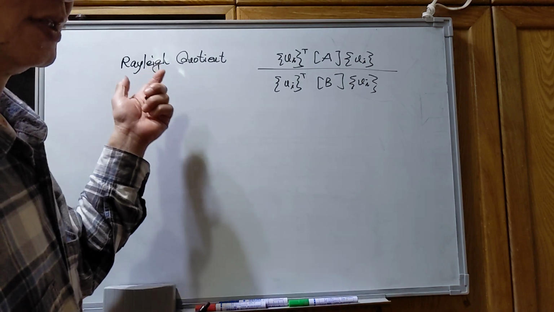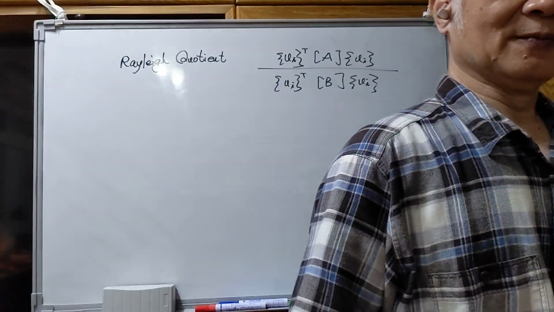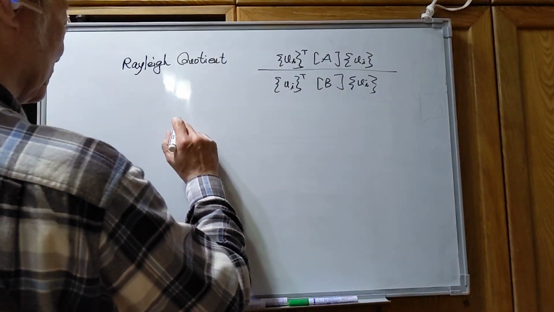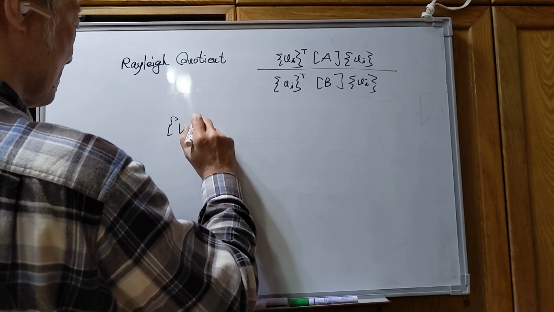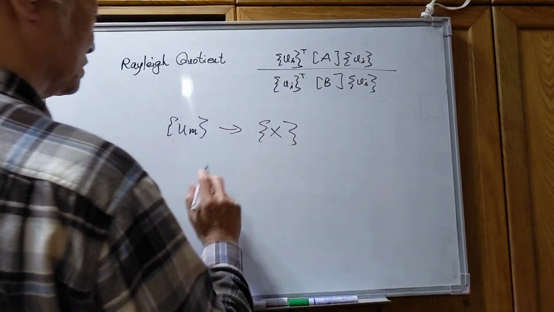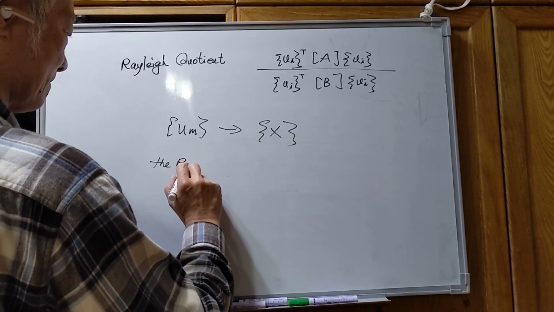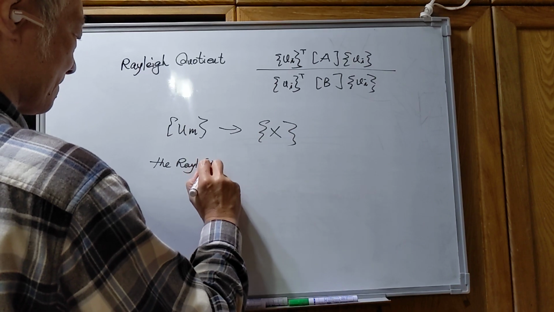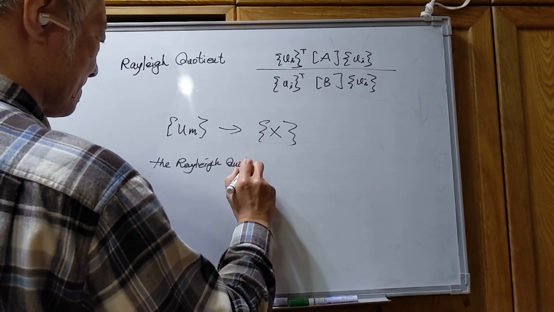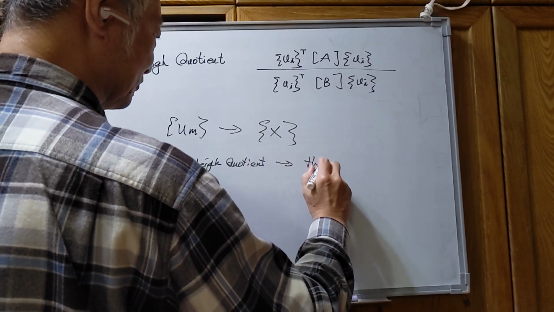and for this scalar there is a name, we call it the Rayleigh quotient. After many iterations, the Um will approach X, the eigenvector, and the Rayleigh quotient will approach the eigenvalue.